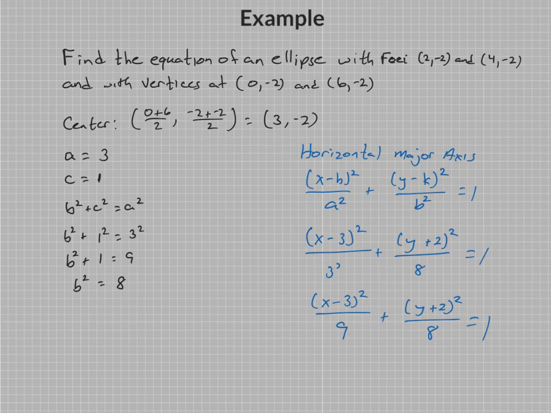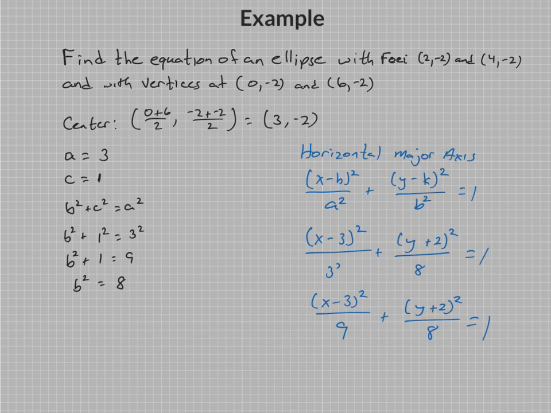Since we have a horizontal major axis, the standard form for that equation is (x minus h) squared over a squared plus (y minus k) squared over b squared equals 1. Now h is equal to 3, so that 3 goes right in for h. k is negative 2, so I put negative 2 in for k.